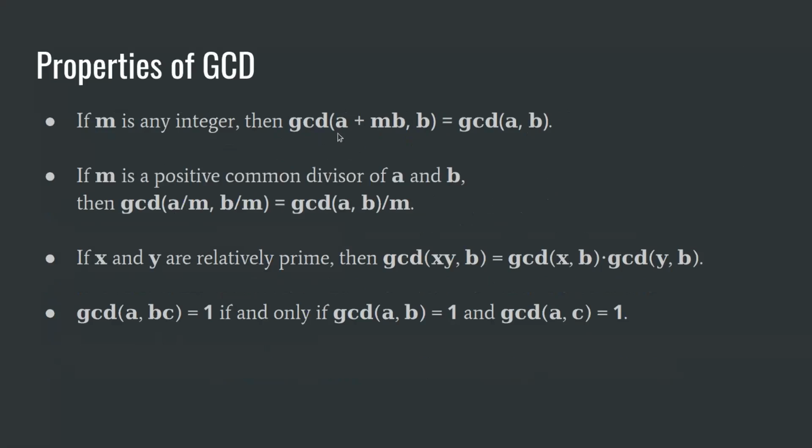This is one of the interesting properties that often comes handy: GCD of A plus B comma B is equal to GCD of A comma B, and you can multiply B by anything, that doesn't matter. This is based on divisibility with respect to GCD. If you divide with respect to M, where M is a common divisor, how does that reflect overall by getting this GCD out of the division operation?